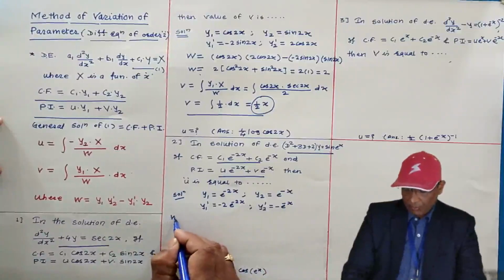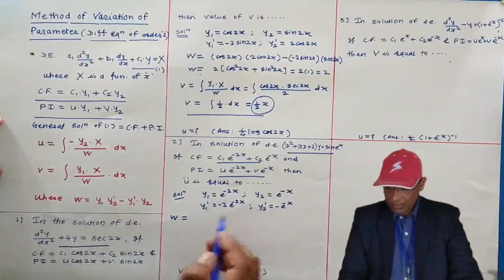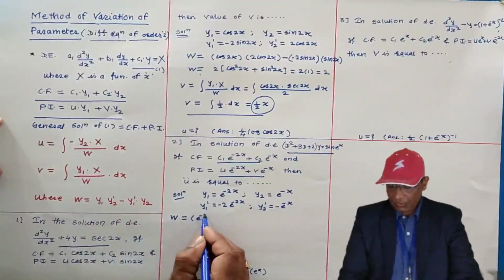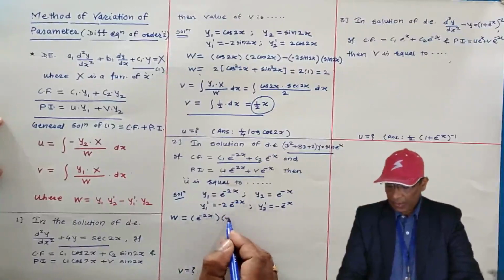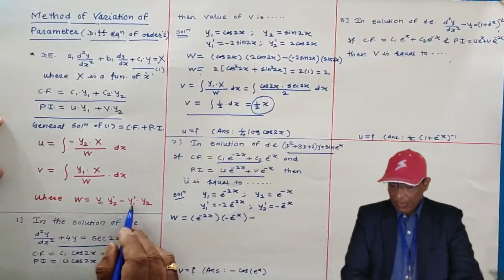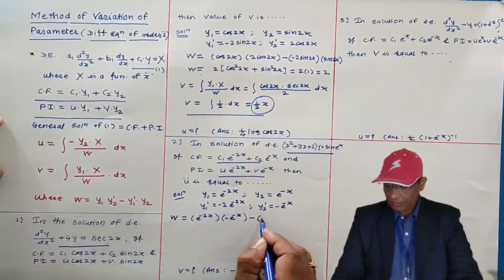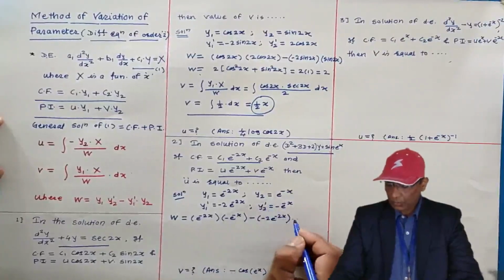Then I am going to find out w. W is what? y1 y2 dash minus y1 dash y2. This is y1. Just cross multiply: y1 into this, minus y1 dash into y2.